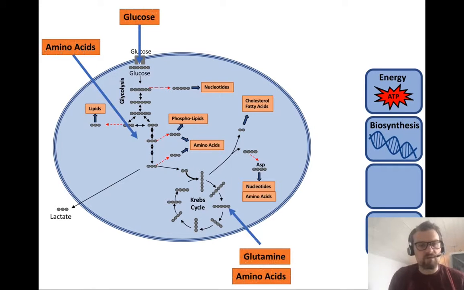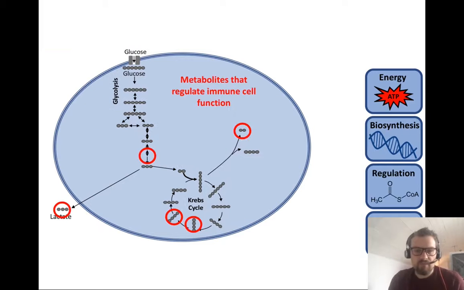There are other reasons as well. So obviously, there are other fuels as well, not just glucose. We have amino acids, we have glutamine that can feed into different parts of these pathways, which can be used then to make all these different biosynthetic molecules.